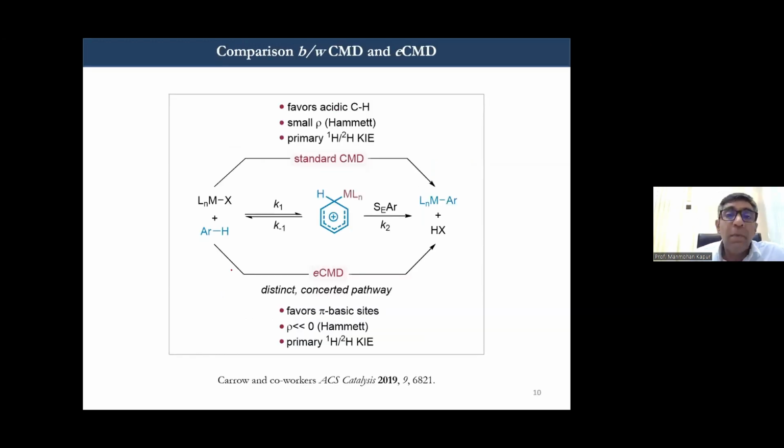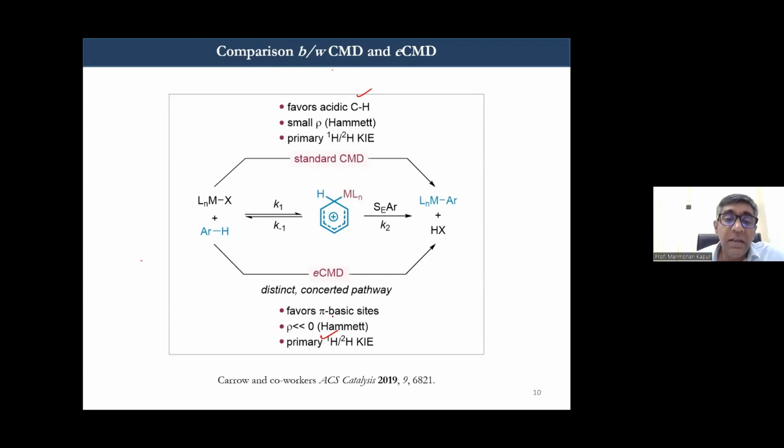There is another pathway that is defined by Carrow and co-workers, which is called the eCMD or the electrophilic CMD. The normal CMD favors an acidic CH bond, whereas the eCMD favors a pi basic site. Essentially, this is very similar to an SEAr type of transformation.